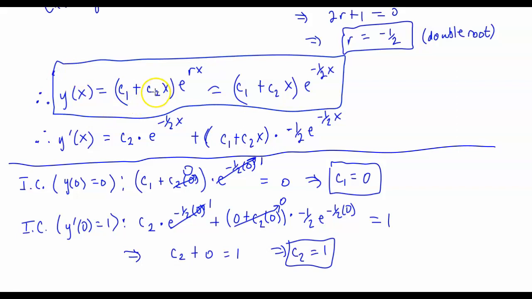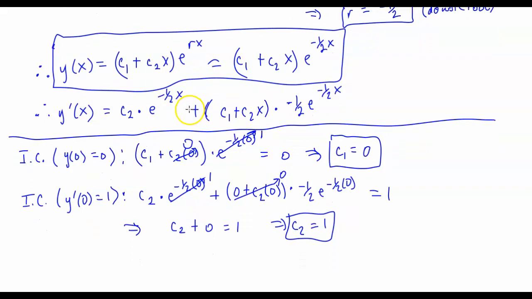So this is just going to be a function of whatever C2 is times x e raised to the rx. So our final answer here would be y of x is equal to x e raised to the negative 1/2 x here.